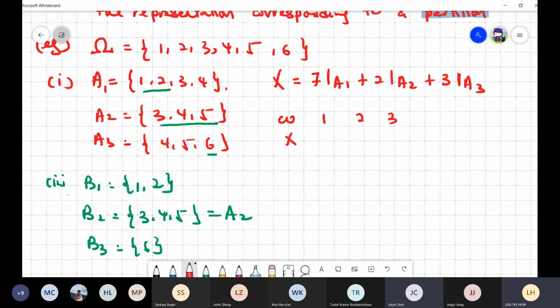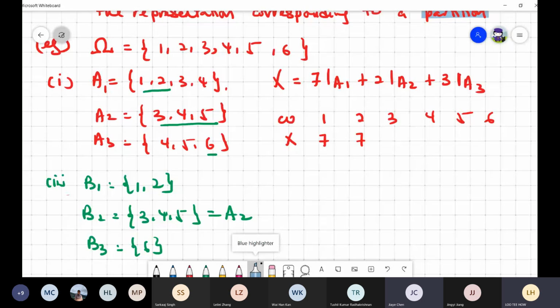I shouldn't put such a large number. When omega is 1, the value is 7. When omega is 2, it only belongs to here, so it's also 7. When omega is 3, it actually belongs to here and here.